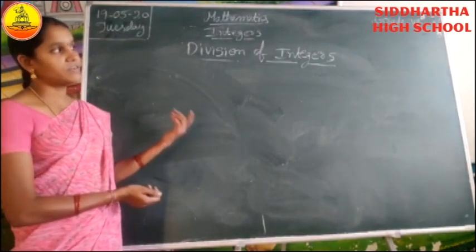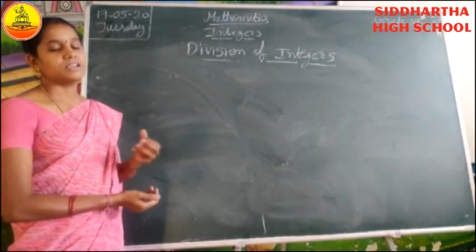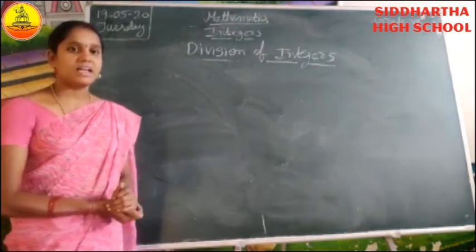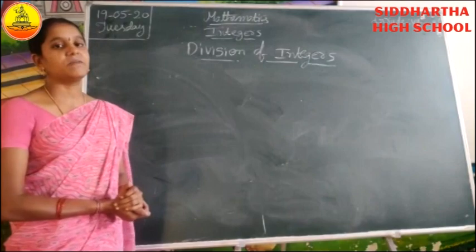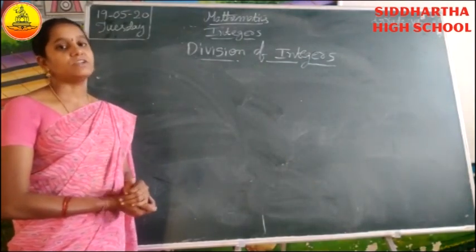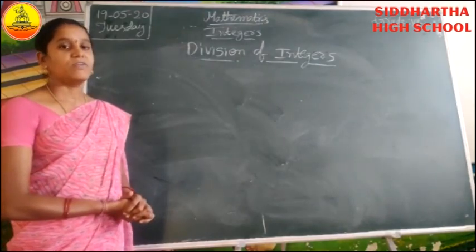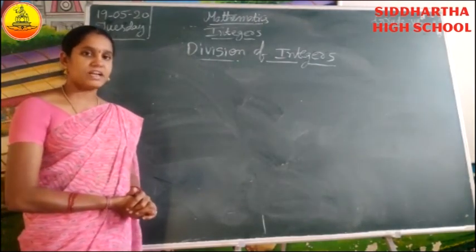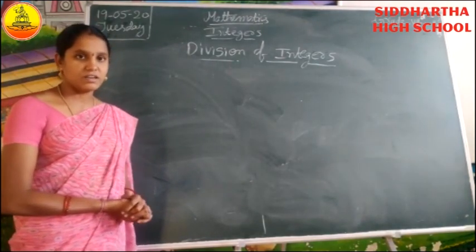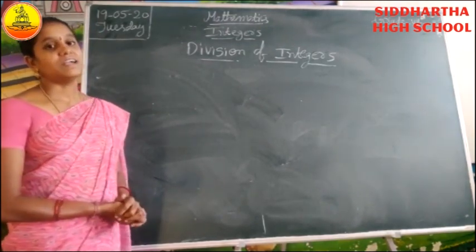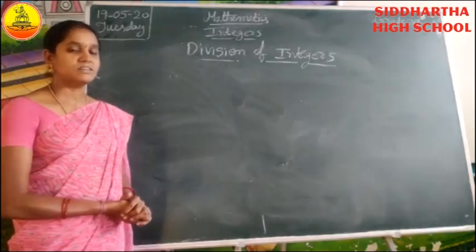If we divide a negative integer by a negative integer, the result is always positive. If we divide any number by 0, the result will be undefined. If 0 is divided by any number, the result is always 0. If any number is divided by 1, we will get the same number as the quotient. If any number is divided by minus 1, we will get its additive inverse as the result.